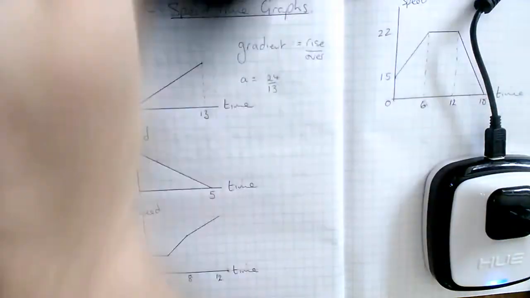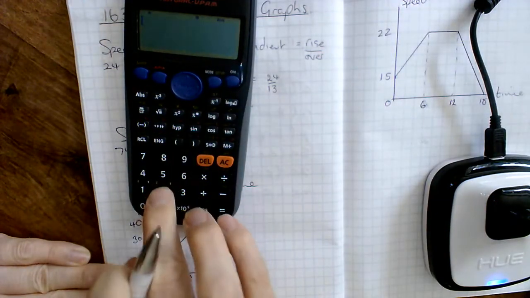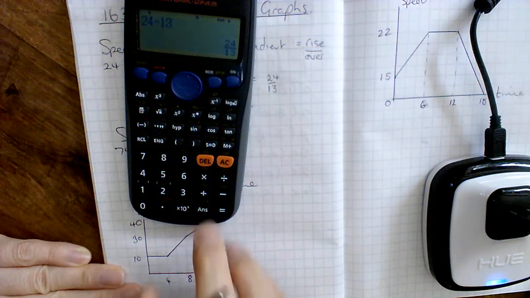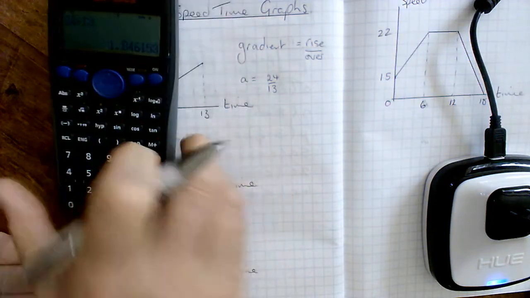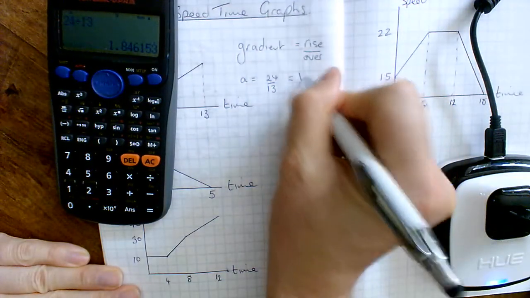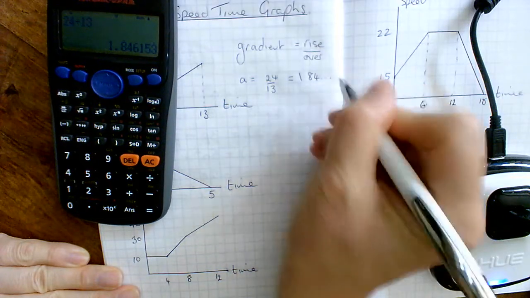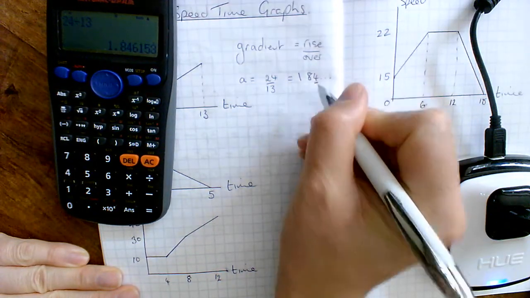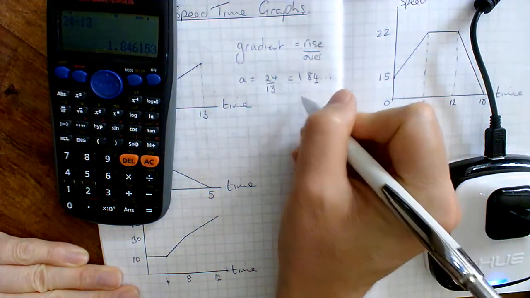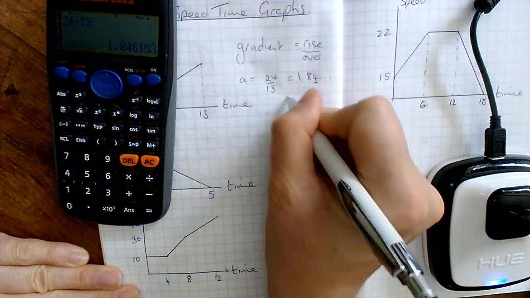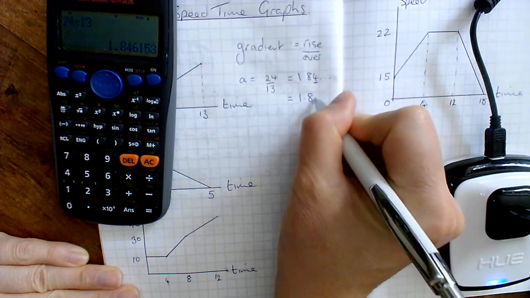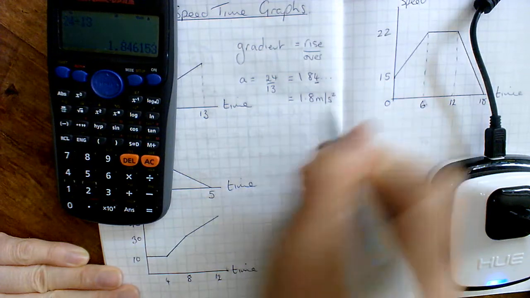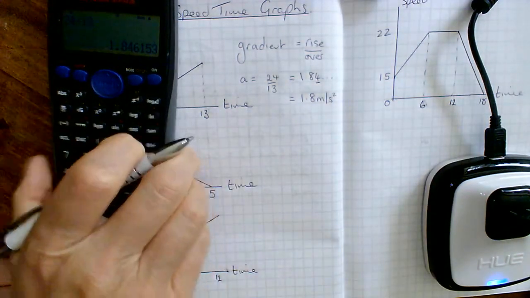At that point you just grab your calculator and put the numbers in. So 24 divided by 13, and the answer is 1.84, goes off forever. And then to round, you look at the second decimal place because you want one decimal place. If it's less than 5, it stays the same, so it's 1.8 meters per second squared. So there's your first answer.